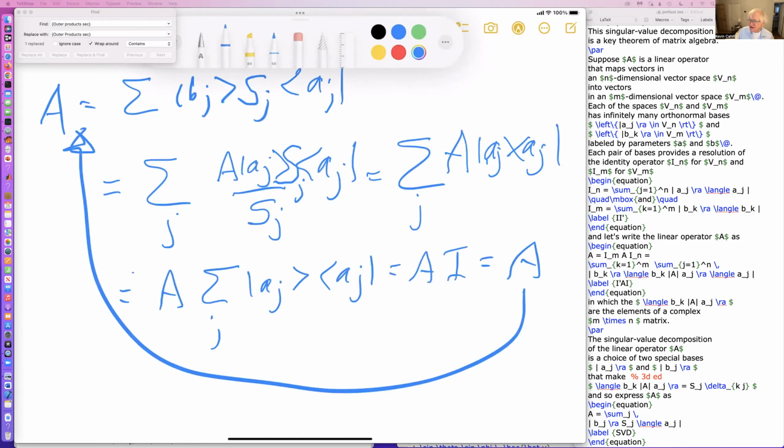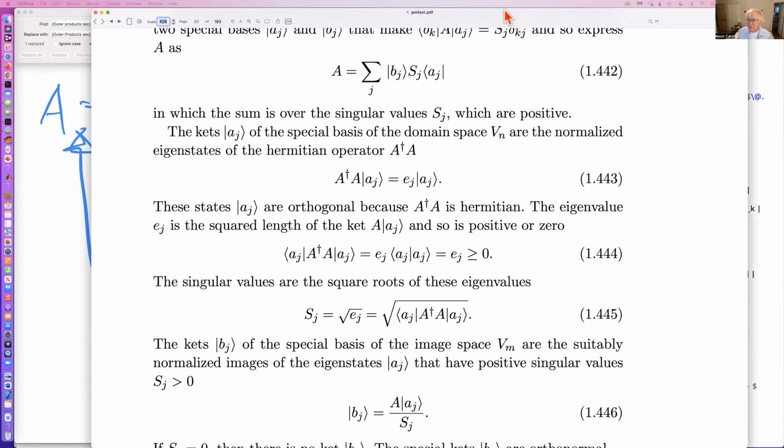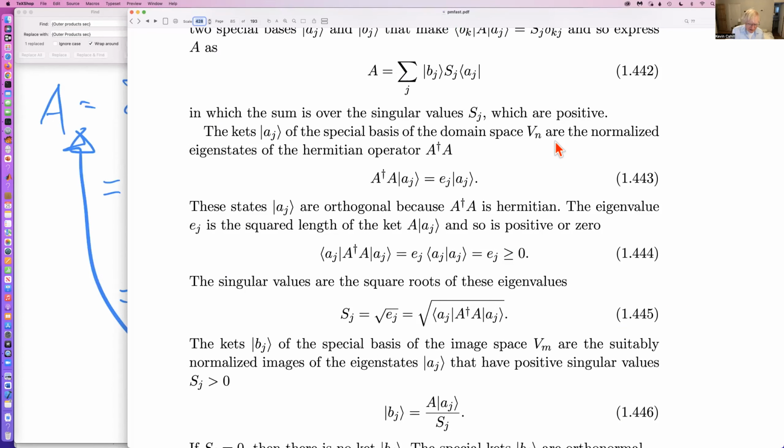So that's how that works. It's a proof by construction. The remarkable thing is the proof is extremely simple and the result is extraordinarily general. This is just a wonderful theorem that you can do anything with.